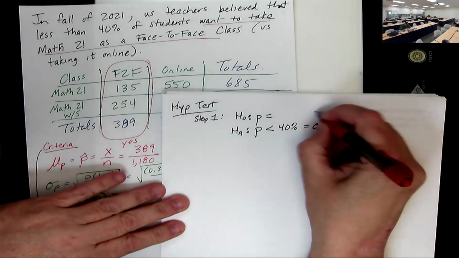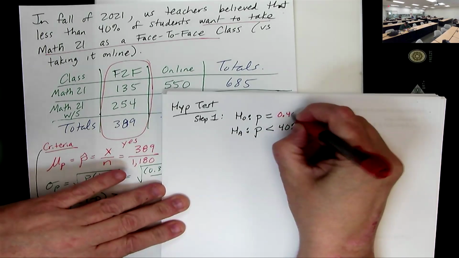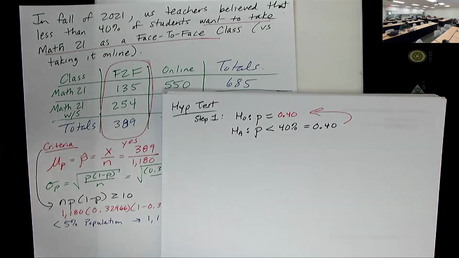That's the value that goes up here. Whatever we're comparing, whatever we're making our statement about, that's the value we're gonna use as the equality portion. That's step one, that's all there is to step one.